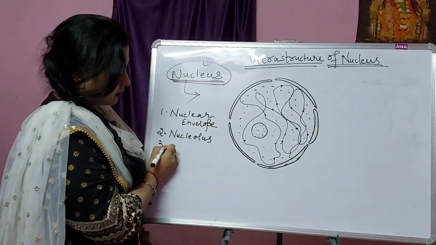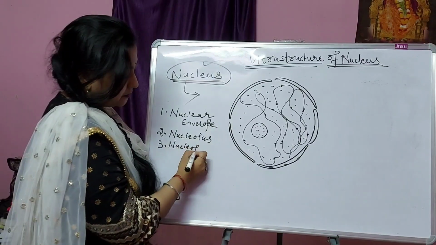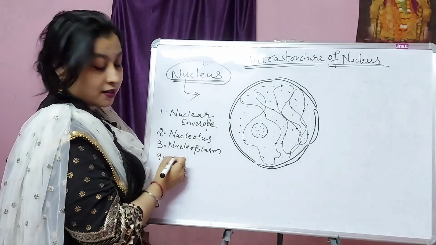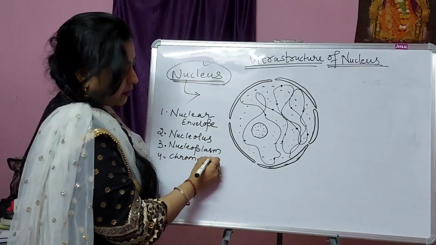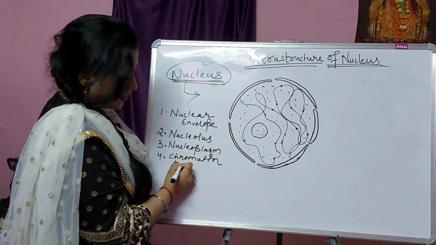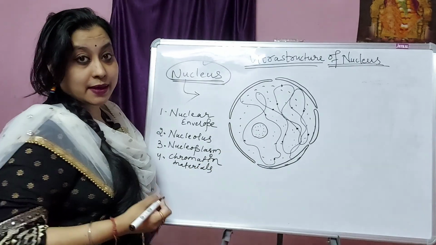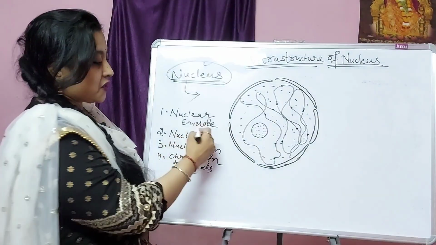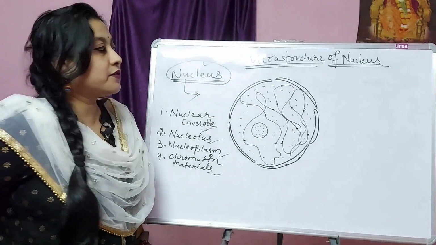Third part, nucleoplasm, and the last one is chromatin fiber or chromatin material. These are the different parts I am going to discuss in this video, as well as the function of each part.